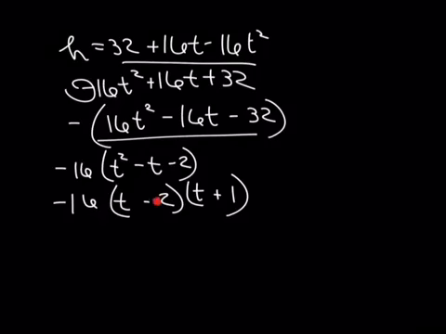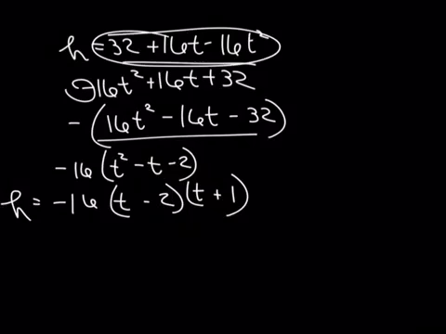Okay, so because -2 times +1 is -2, -2 plus 1 is -1, which would be right there. Okay, so that's where that came from. So there's the formula. And so all I did was factor this thing right there into that.